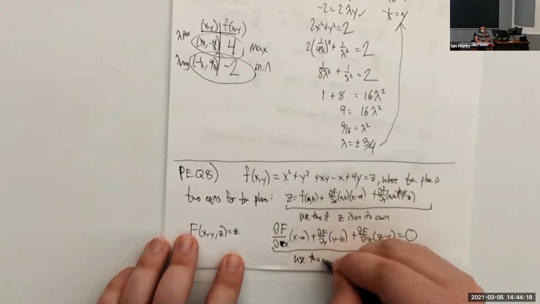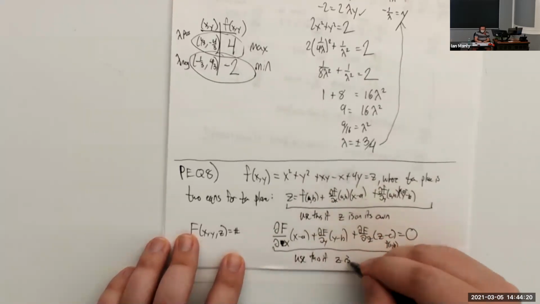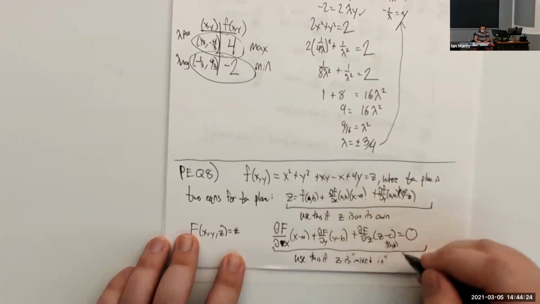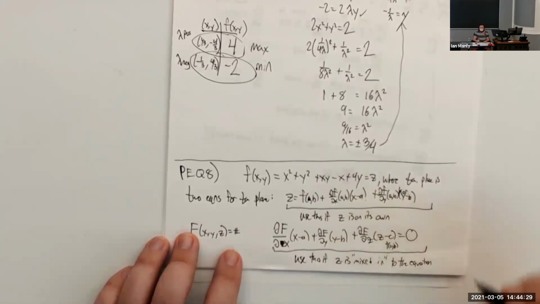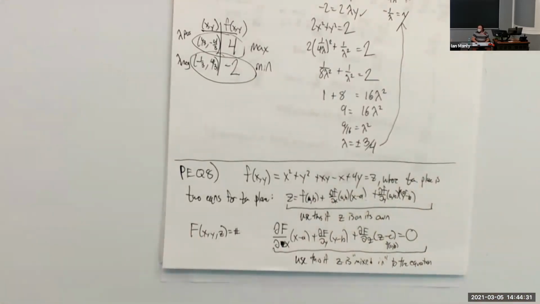Use this if z is mixed in to the equation. So if it looks like a situation where you might have to do implicit differentiation or something, then you more likely want to use this equation.